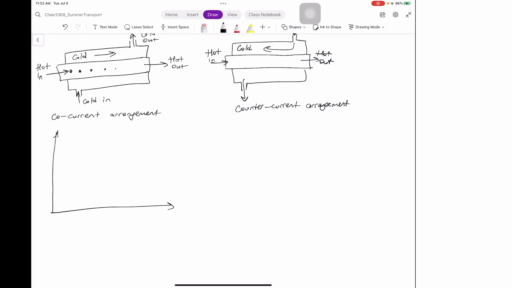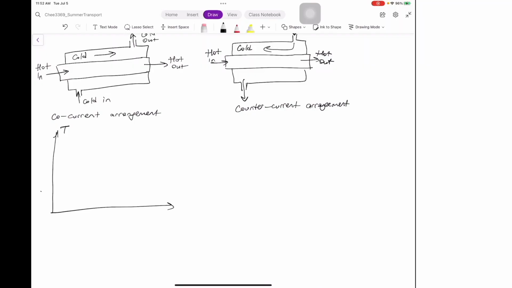So how does it change as the hot stream actually flows? Similarly for the cold, what is the temperature here, here, here, here, right? So you can pick some slice and see what is the temperature here for the hot, what is the temperature here for the cold, at different positions. So one can actually plot the temperature as a function of position.